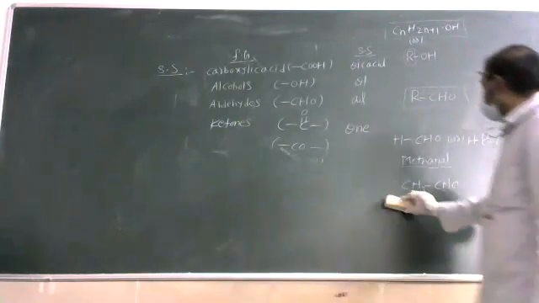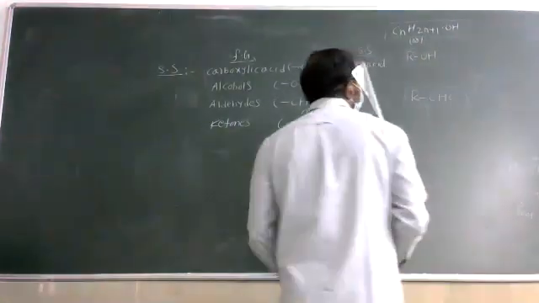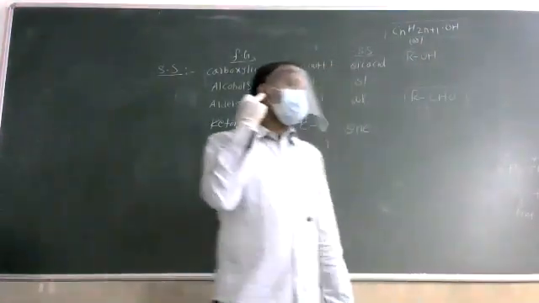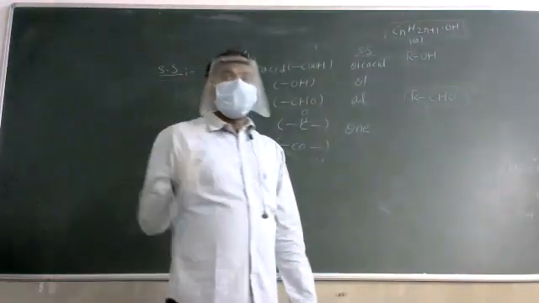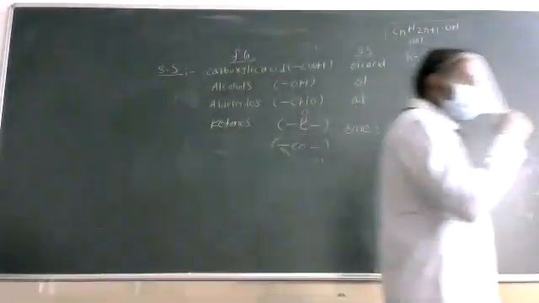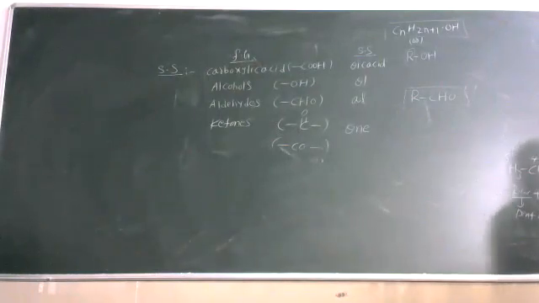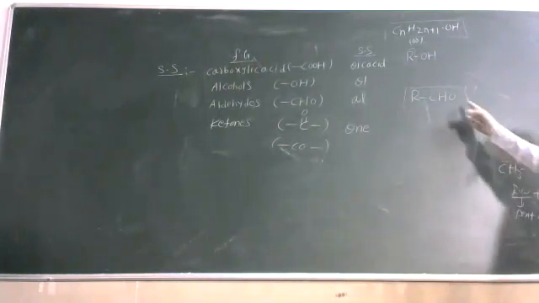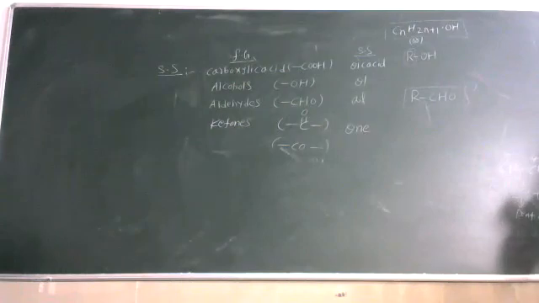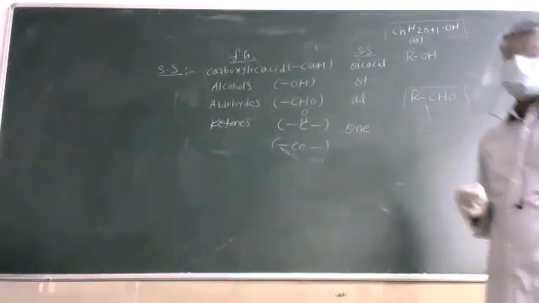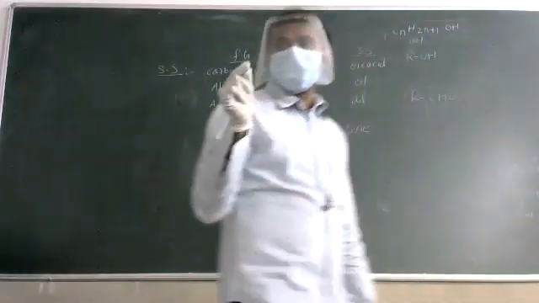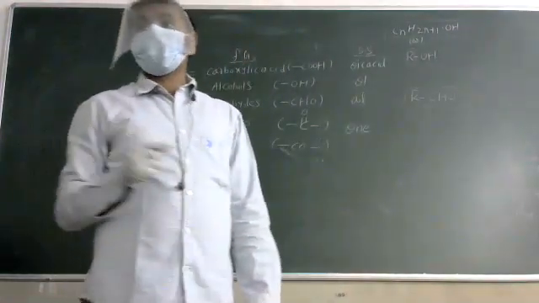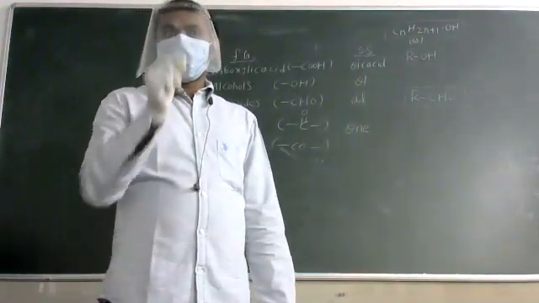Now see, generally carboxylic acid is given first, followed by aldehyde. This type of functional group is called a terminal functional group.